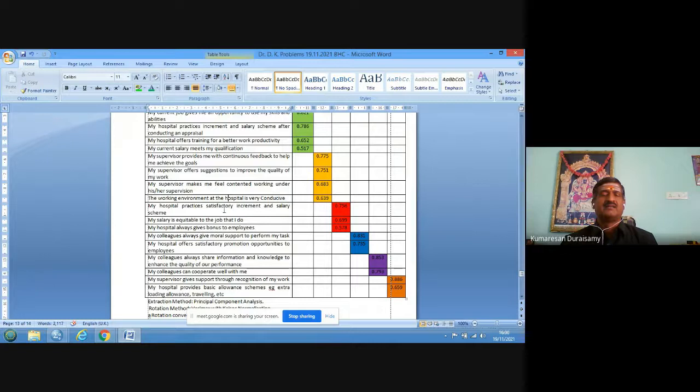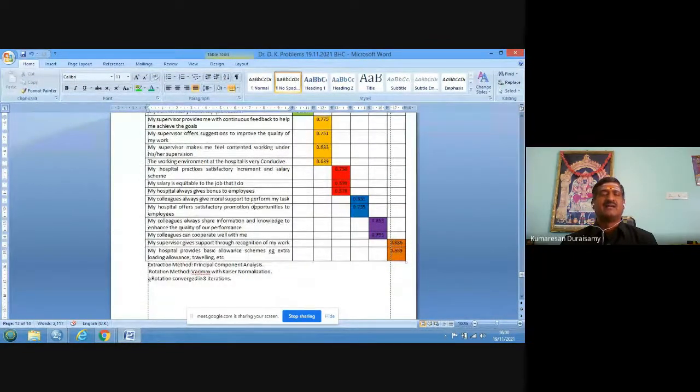Then, salary, increment, bonus. So, compensation related factors. Then, moral support, promotion, opportunities. So, career oriented factors. Then, colleagues, the next two are related to colleagues.